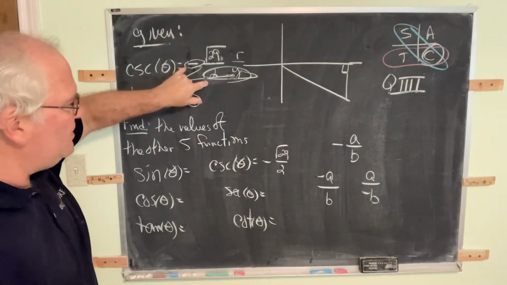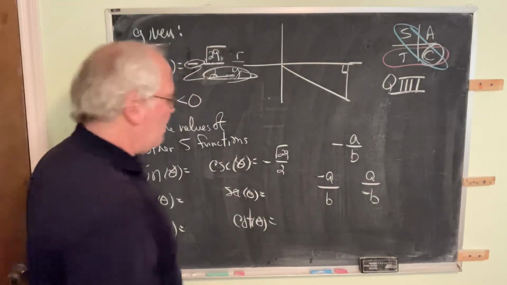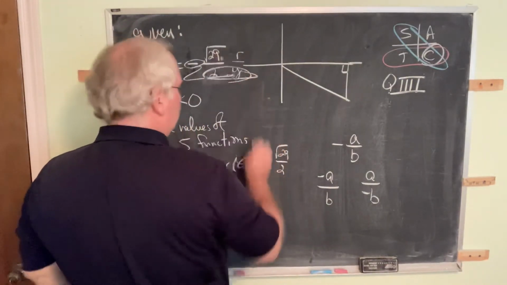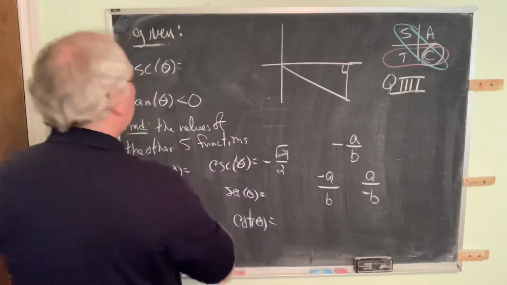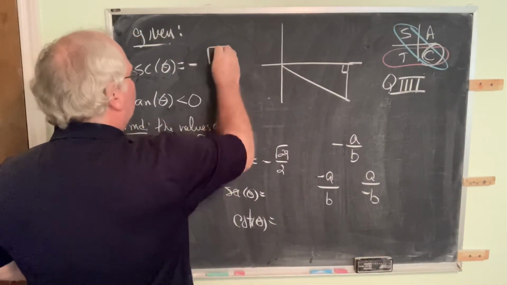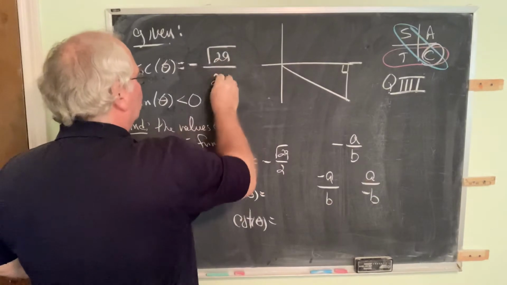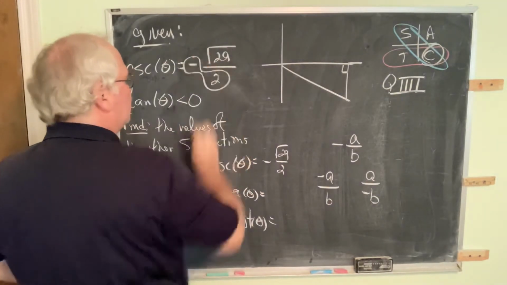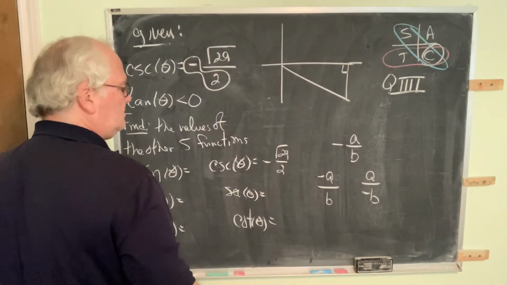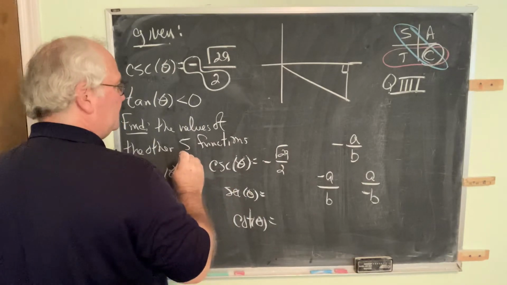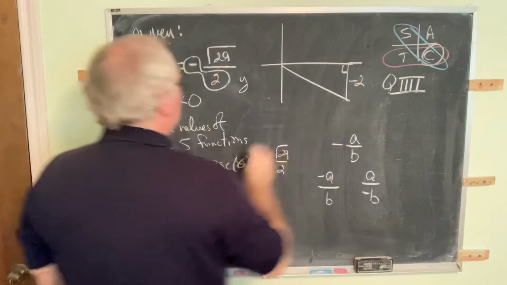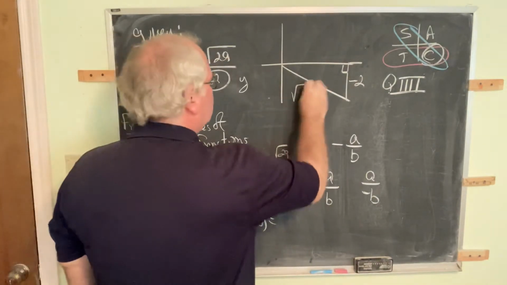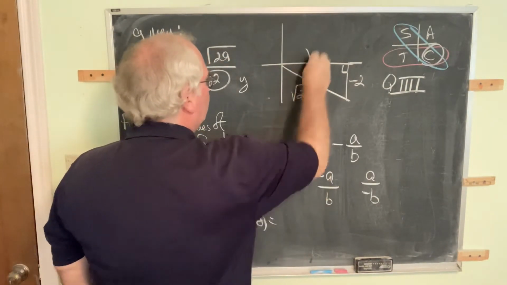So in our picture, negative square root 29 over 2, the negative goes with the 2. That's the y value. And there's the value for r, square root 29.